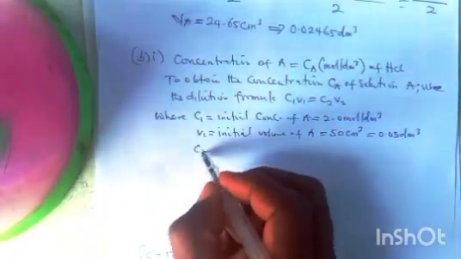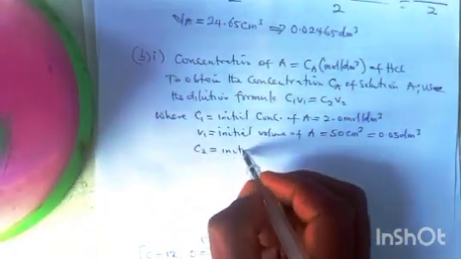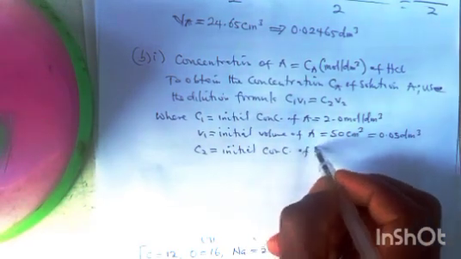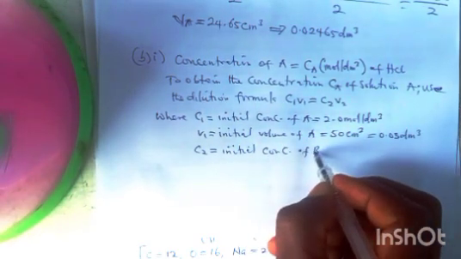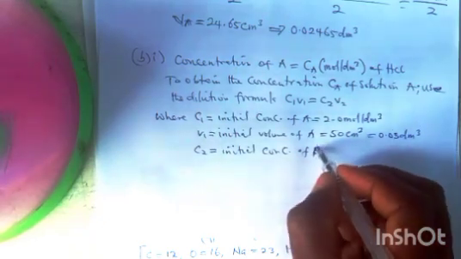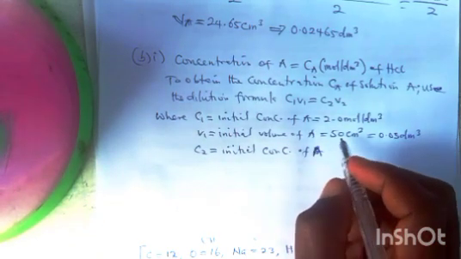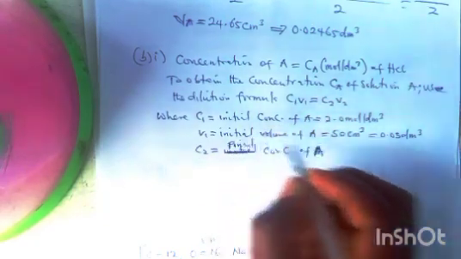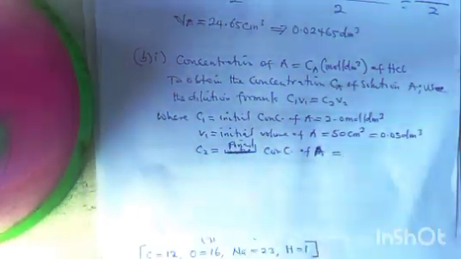Now C2 is the final concentration of A, which is not given.